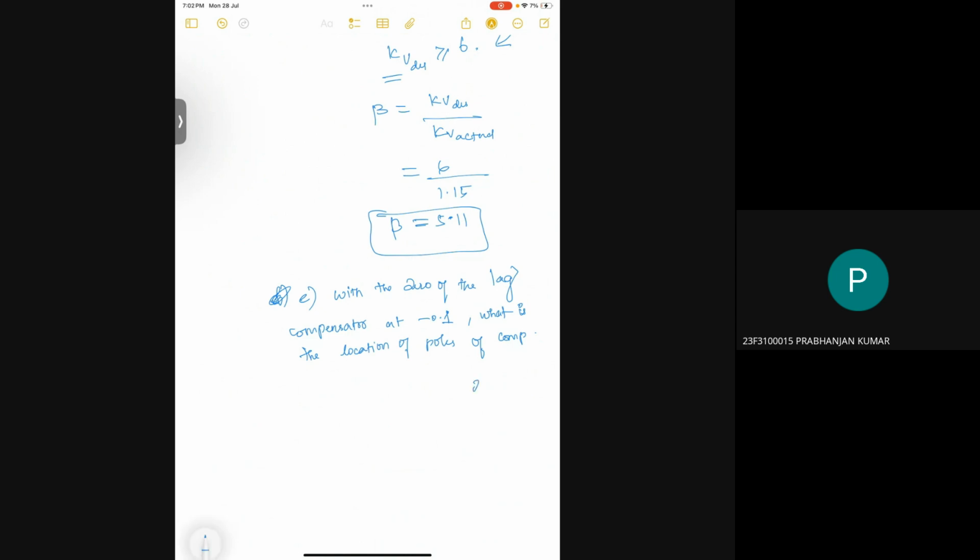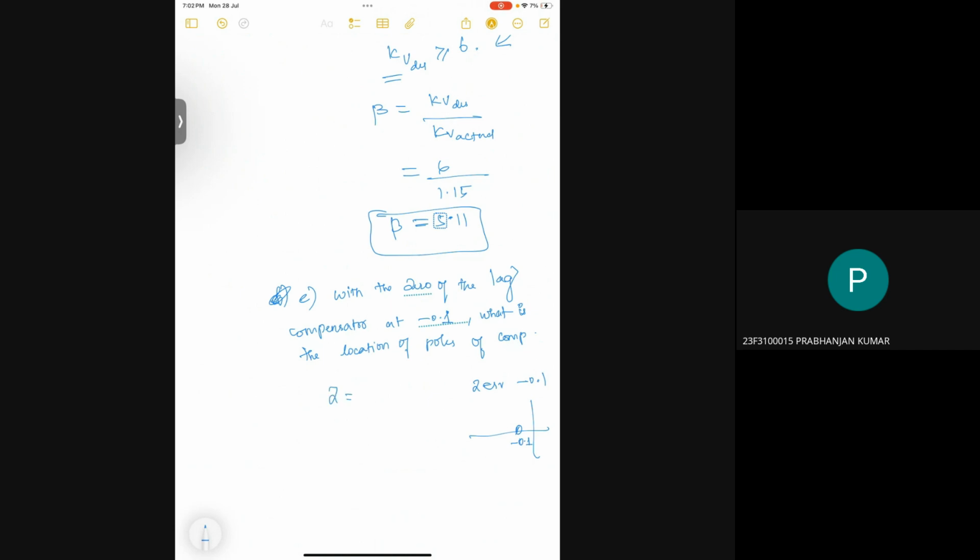They told that the zero is at minus 0.1, to give this desired response when beta equals 5.11 and the desired response Kv greater than 6, settling time, overshoot 25.54, and for all these criteria to be satisfied and also the zero at minus 0.1, what would be the pole of the system? That's what they have asked.